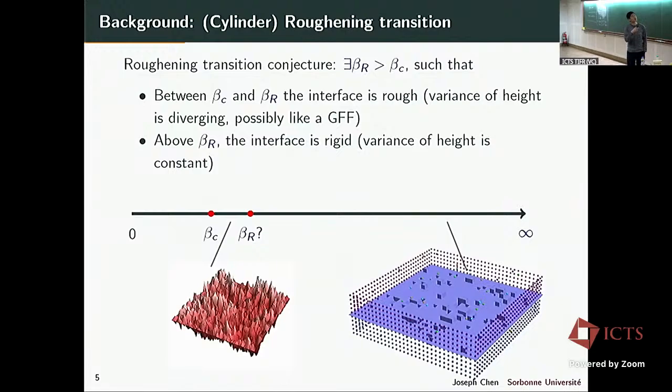But this is probably the most well-known open problem in this setting. And we are interested not in this conjecture today, but in what will happen on the large beta side, once you put it in the floor setting.